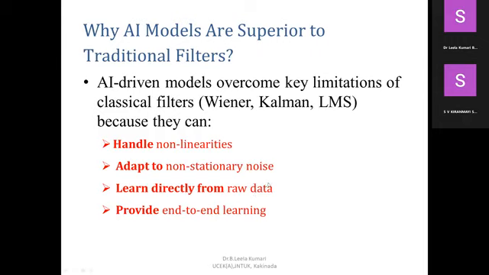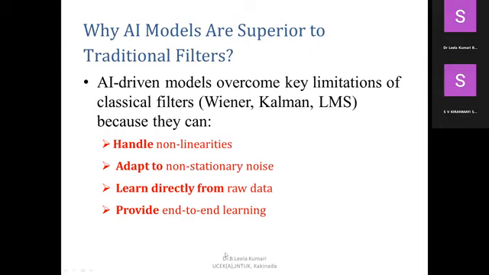Another important thing is they learn directly from the raw data, with no need for handcrafted models or assumptions, and they provide end-to-end learning. Filtering plus feature extraction happen in one integrated architecture. Neural networks can learn complex patterns even in the presence of noise.